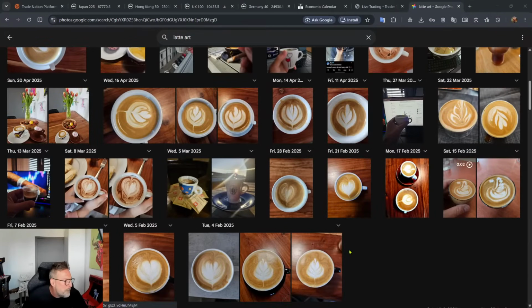There you go. That's what I can do. Especially proud of this one here. This was my first beginnings with that. There you go. Yes, can do latte art. Usually do that for the wife.